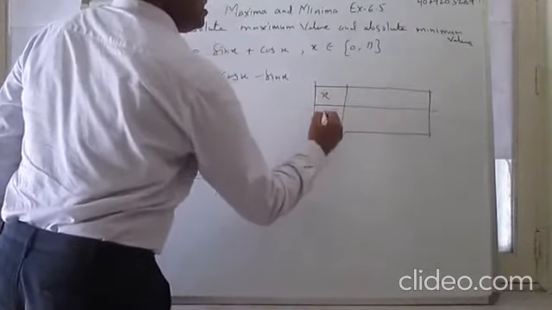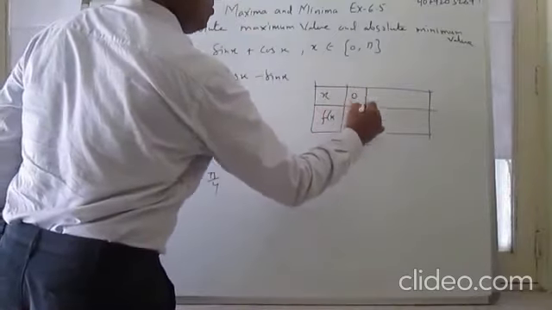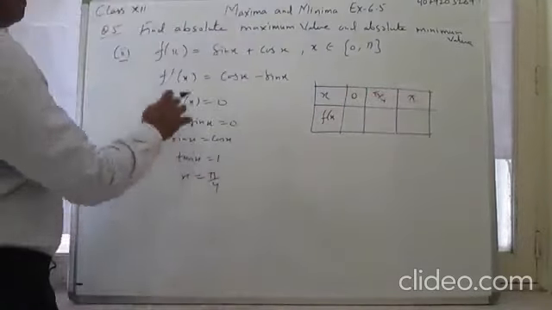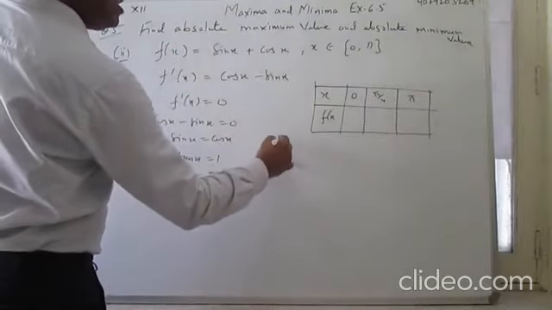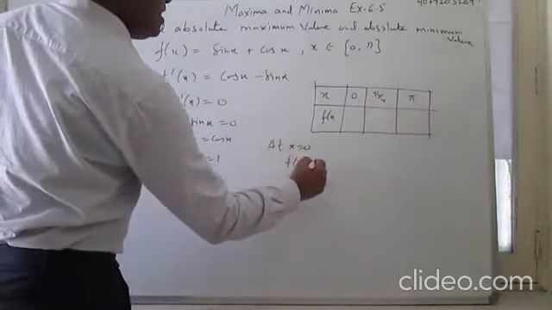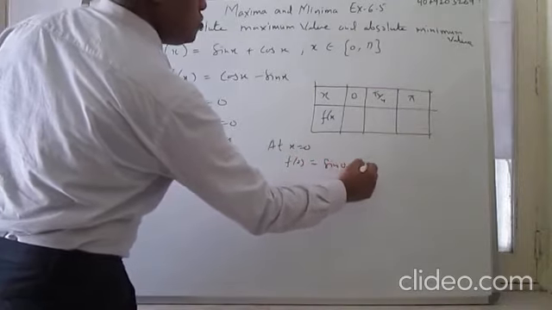This is x, this is fx 0, फिर आया आपके pi by 4, फिर आया pi. Now f0 at x is equal to 0 पे ले लीजिए वैल्यू क्या आएगा? f0 क्या आ जाएगा? sin 0 plus cos 0.